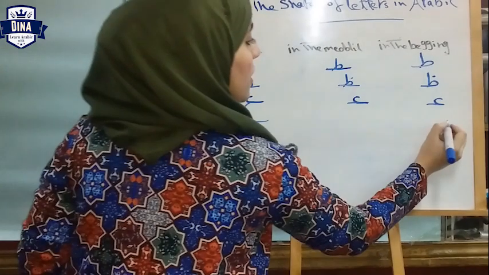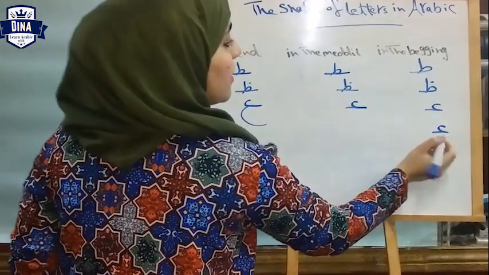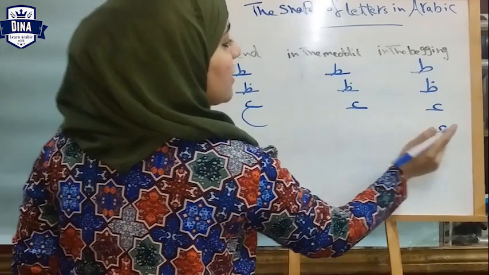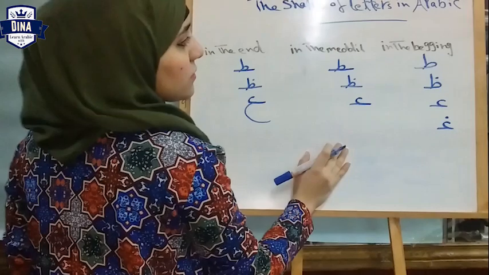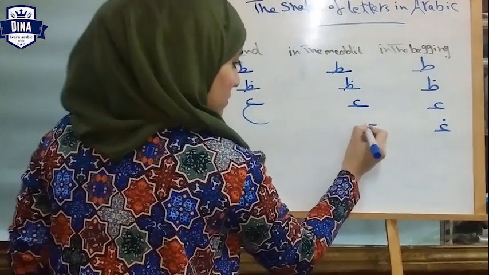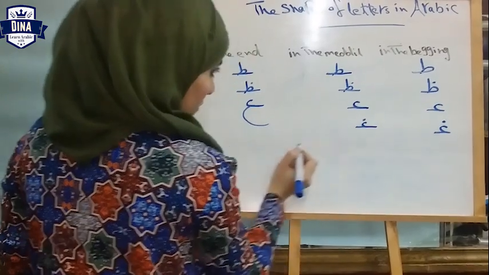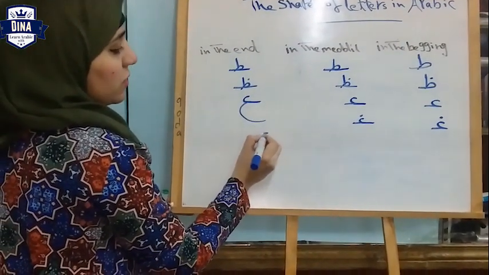After then, غين. غين is like عين, but has one dot on the top. غين when it's coming in the middle of word. When غين is coming in the end of word.